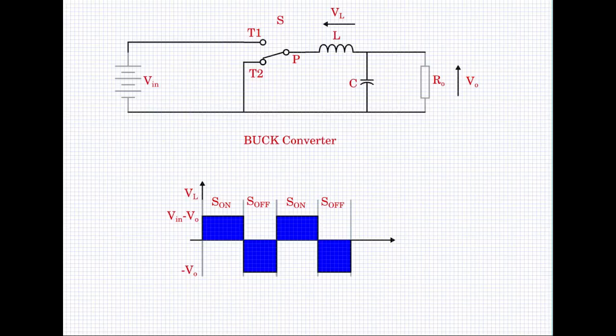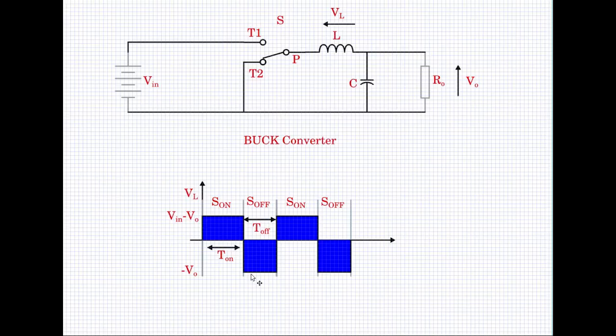This is a time period which we will call T on, and this is a time period we will call T off. That is, for a duration of time T on, the inductor voltage is Vin minus V naught. For a duration of time T off, the voltage across the inductor is minus V naught.